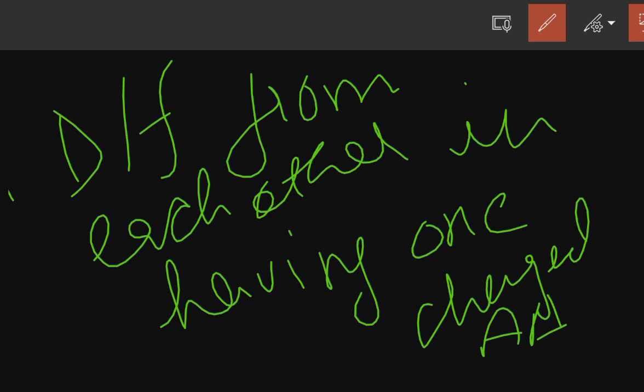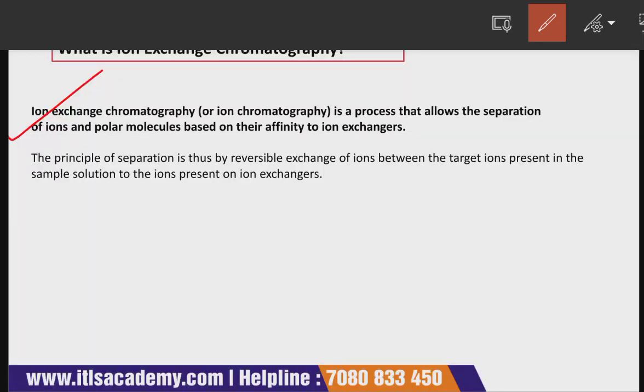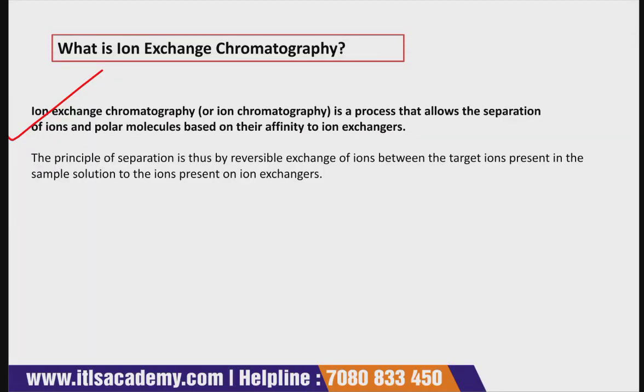Okay, so this is clear. Again I am repeating, ion exchange is a very powerful technique used for the separation of two proteins that are very much similar to each other but different in having one charged amino acid. So this is again a definition.